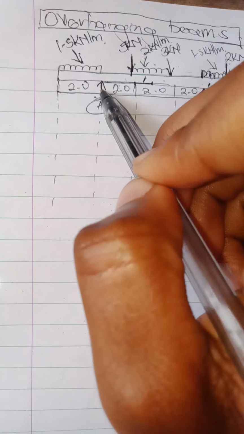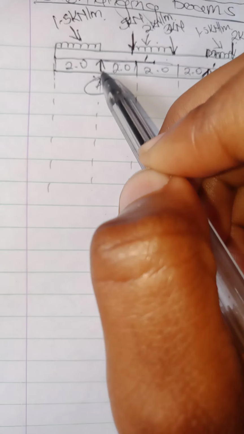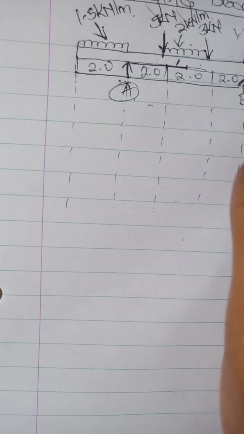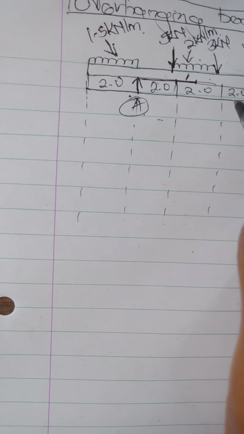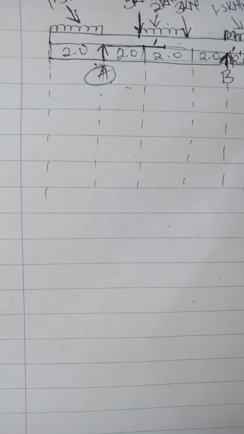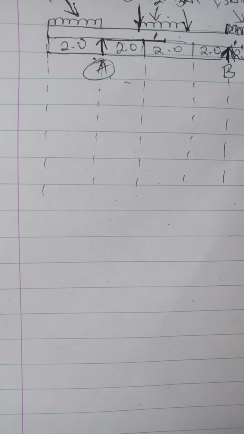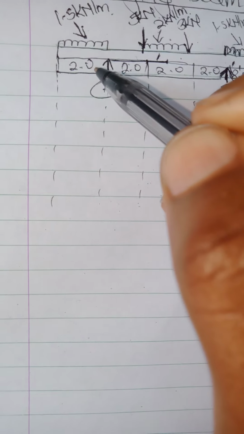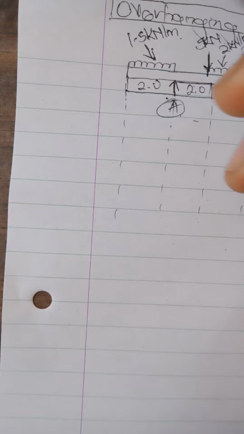Then we move on to the anti-clockwise moments about point A. So we have B, which is 6 meters away, so the reaction B times distance of 6, plus the UDL on the other side to produce a hogging moment.